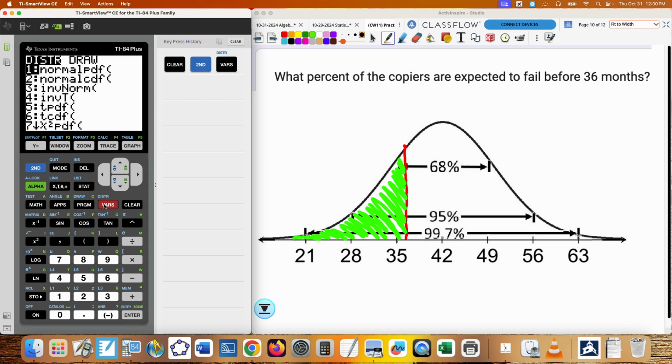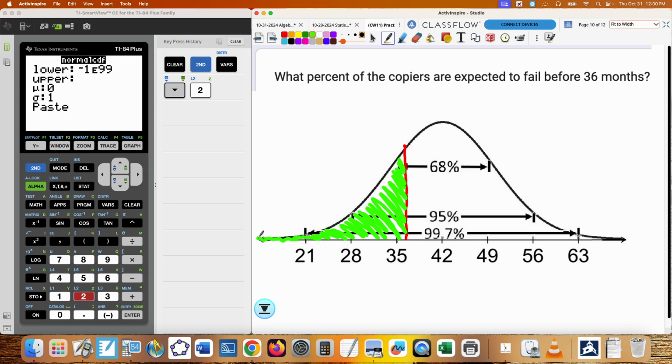So I hit second vars, and because they're giving us a cutoff value 36 and we have to calculate a percent, we're going to do second vars 2, normal CDF. We're going to leave that lower bound as negative infinity, and we're going to set our upper bound as 36, which is what the problem's asking us.